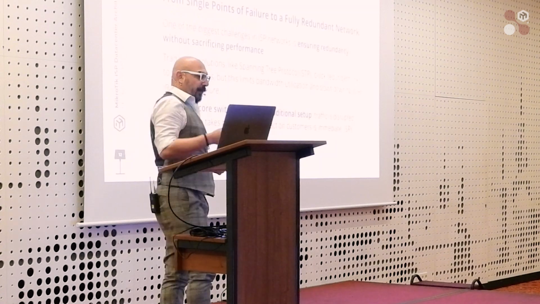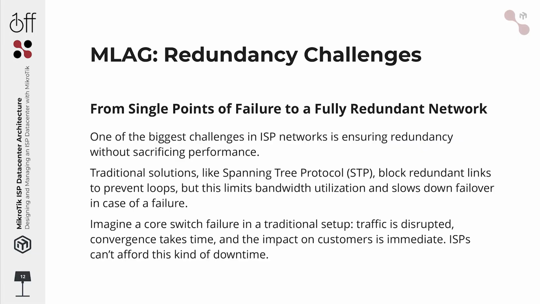So the MLAG. First of all, the MLAG. The MLAG is mandatory, in my opinion, to ensure redundancy without sacrificing performance. If a core switch fails, of course, it's a very big problem, and MLAG can handle this problem.